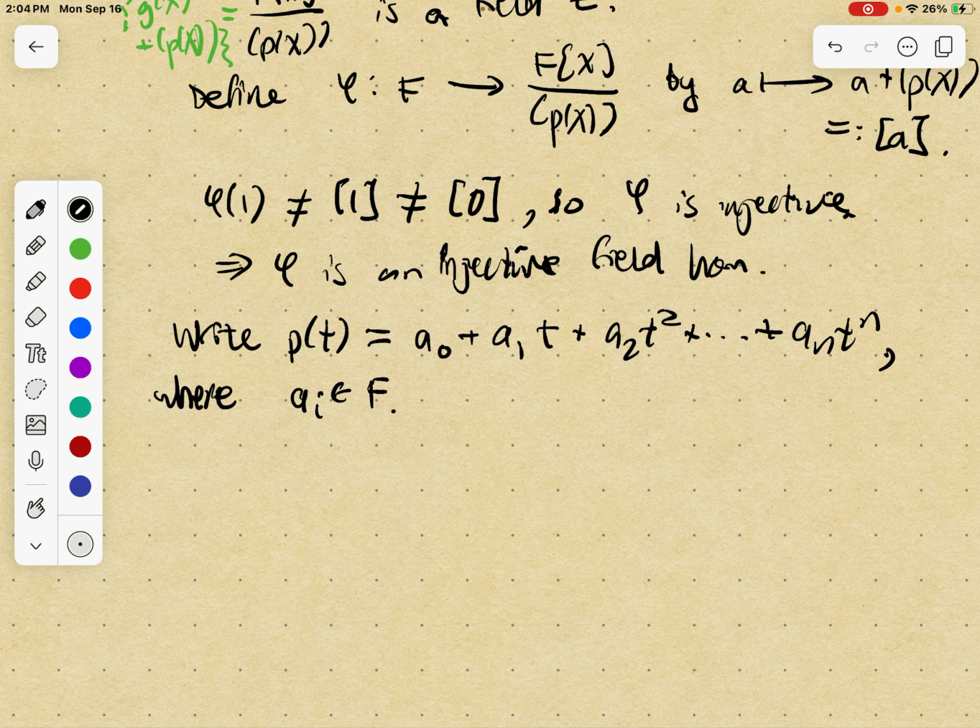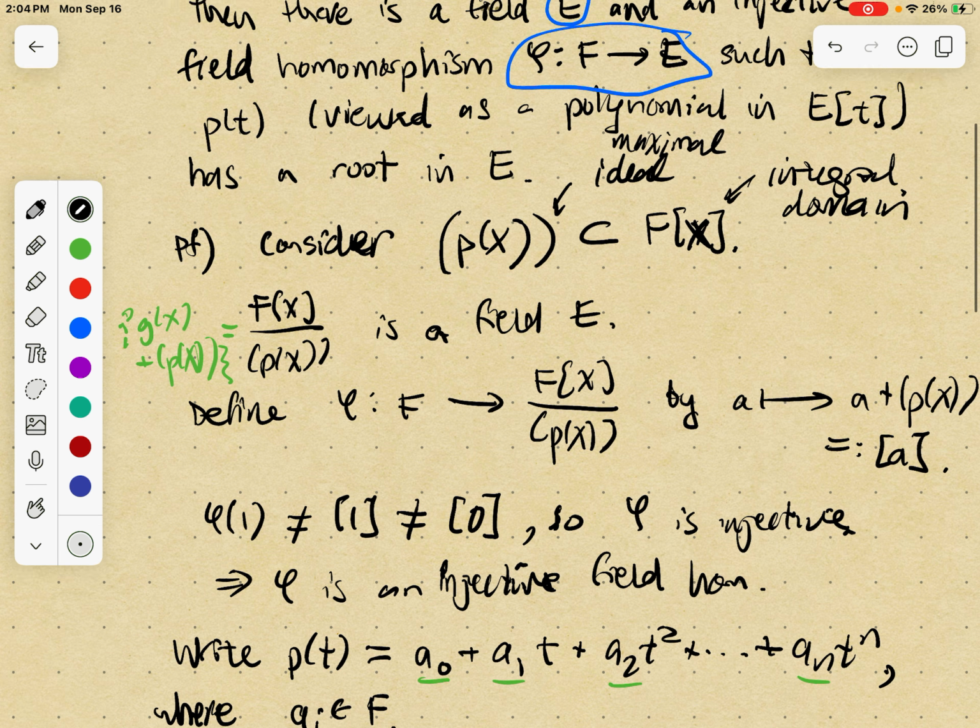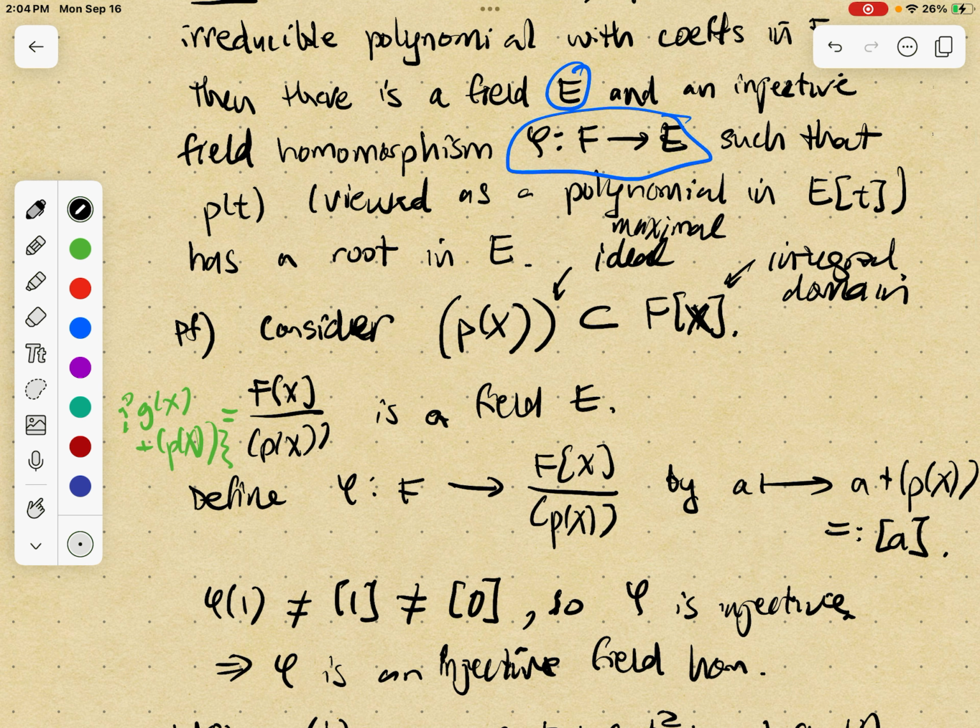So actually, we consider the polynomial P of t as an element of E of t, which is, so here we're thinking of these elements, right, which are in F, as elements of E. And so we can either just mentally think of that, but since we're actually calling the elements of E that correspond to F with these brackets, let's use that notation, right?